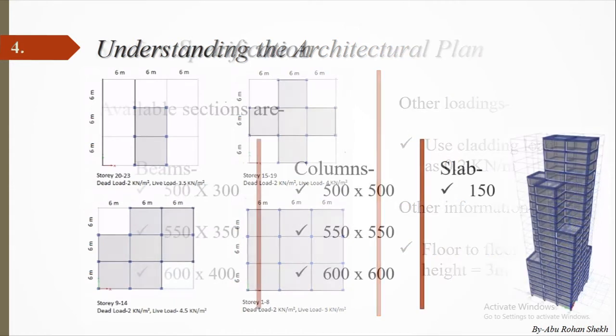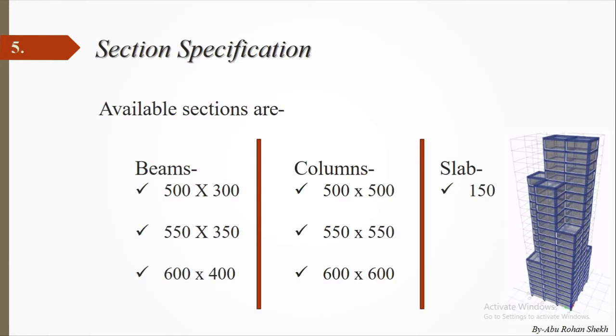Okay, fine. We have section specifications available, such as beams having 3 dimensions: 500 by 300, 550 by 350, and 600 by 400. We have 3 available sections for columns also: 500 by 500, 550 by 550, and 600 by 600, and the available slab thickness is 150 millimeter.